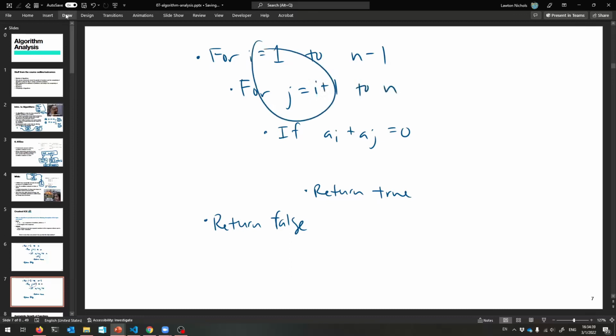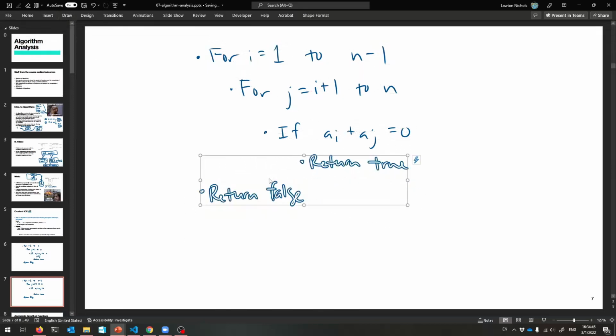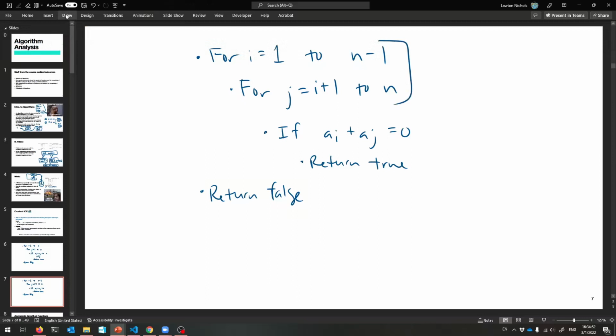So now these will never overlap. Yay. And these will now return true under the same circumstances and false otherwise if you didn't find anything. So we cut off a lot of the space, a lot of duplicated effort, by forcing I to always be smaller than j. Okay?